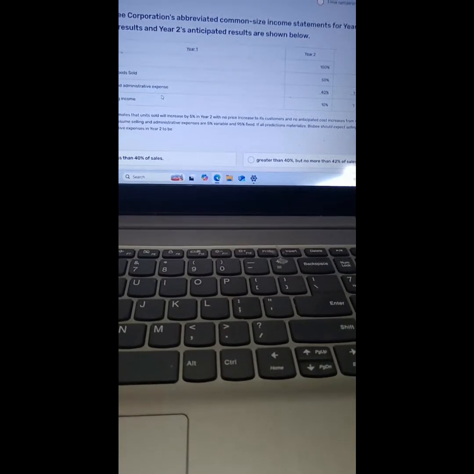Now we have to calculate it: the selling and admin expenses in year 2.